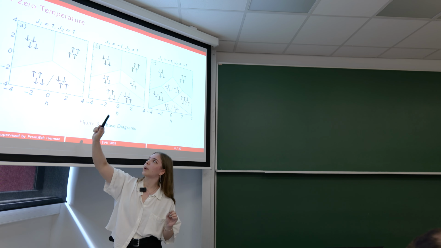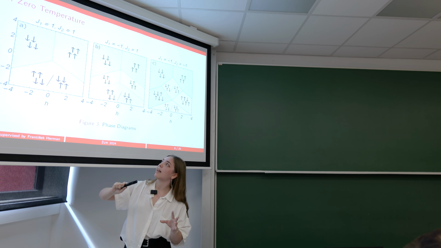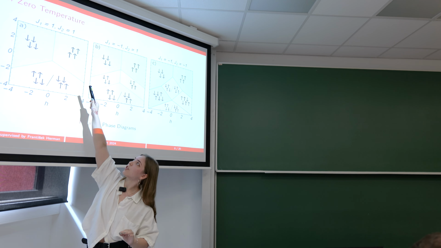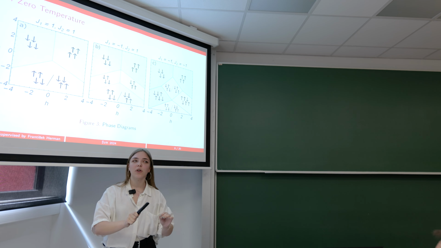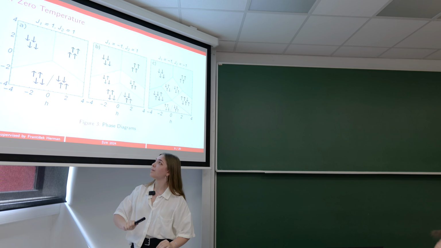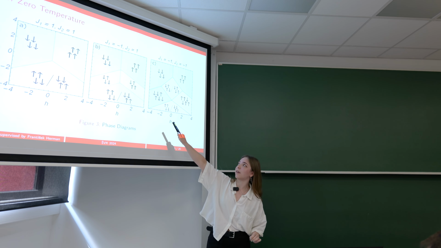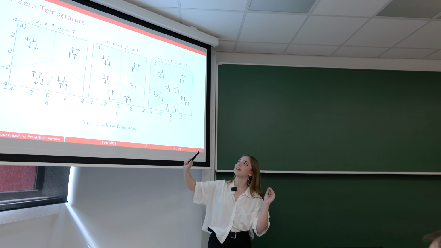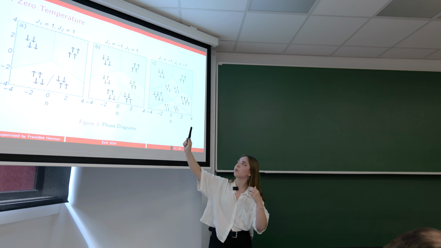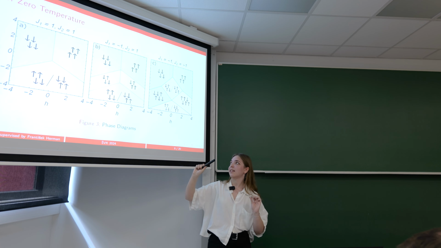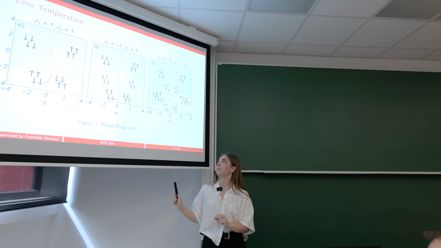For negative J3, we have two phase transitions, and those are the configurations that result in minimal energy for each pair of J3 and H. For an antiferromagnet coupled with a ferromagnet, we have seen more configurations, and those are provided on plot B.